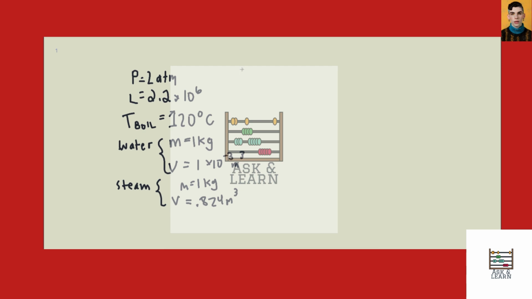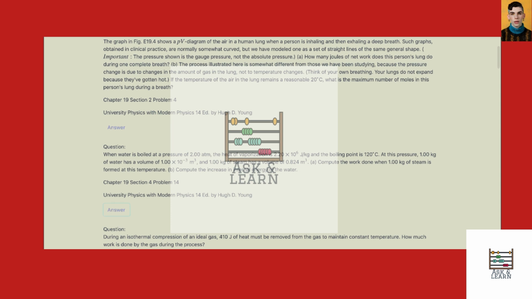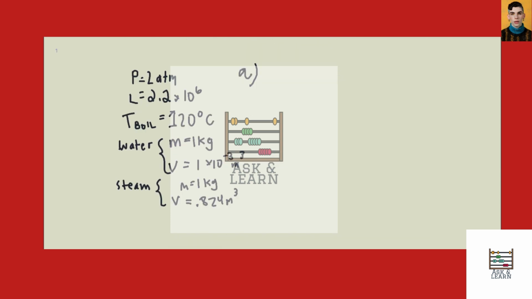So it takes up a much larger volume, which sort of makes sense. Okay, so now for part A. The problem asks us to compute the work done. And so we can use the formula: work done by the gas is equal to P delta V. And in general, it's the area under a PV curve during the process.